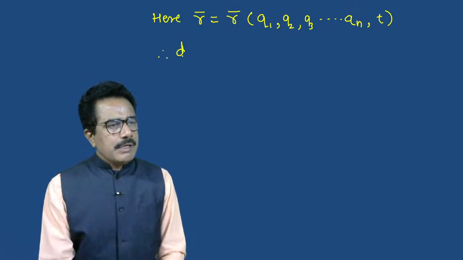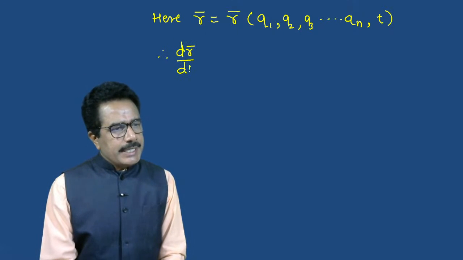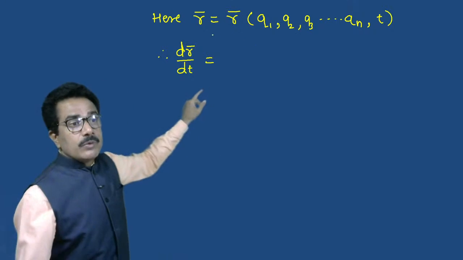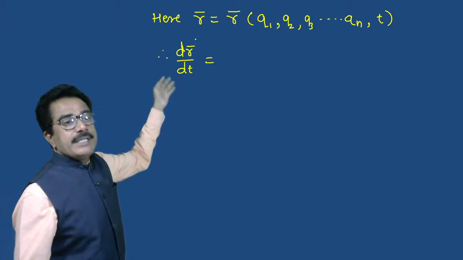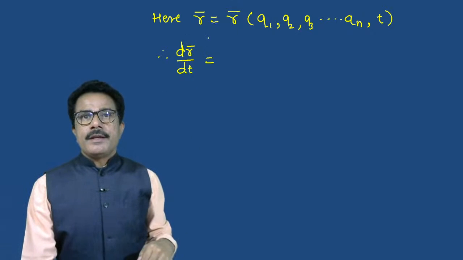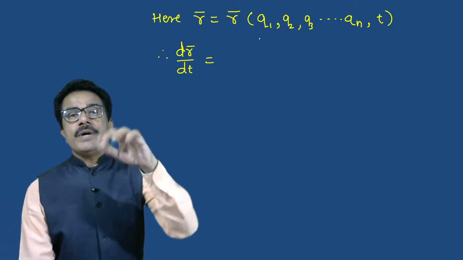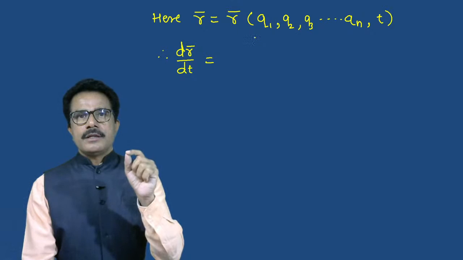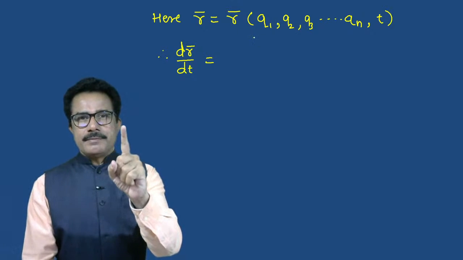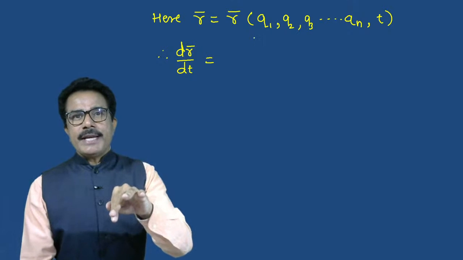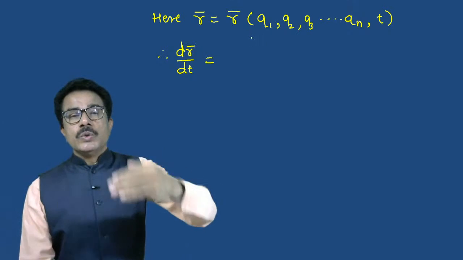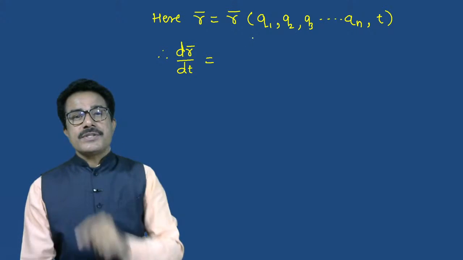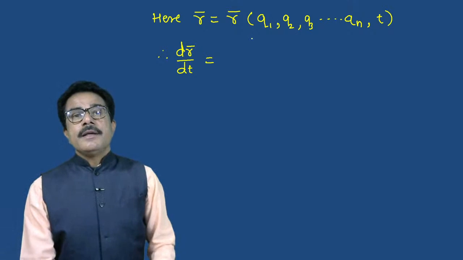Therefore dr bar by dt is equal to... actually here note that r bar is a function of q1, q2, q3, and so on. If the dependent variable is only one and the independent variables are two or more, then we have to differentiate that function by using the partial method.